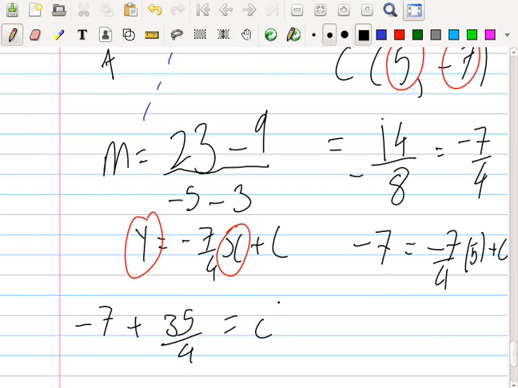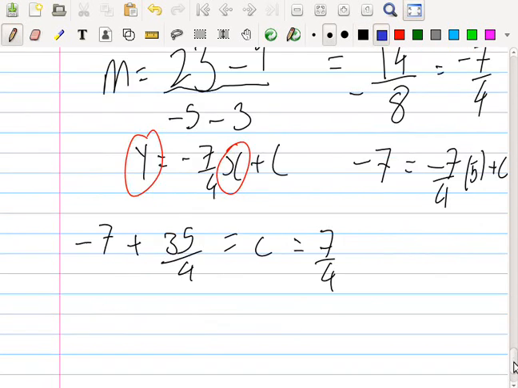Can you check that, please? Seven. 7 over 4, yeah? Okay. So C equals 7 over 4. So now I am done. I have y equals mx plus C.